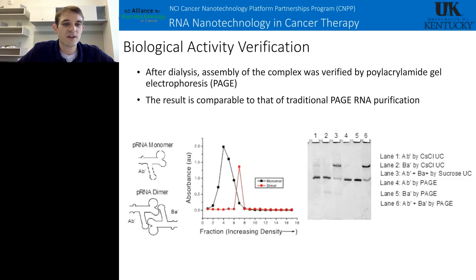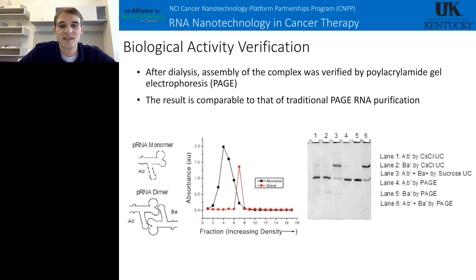What you see on the very left is the difference in structure between a pRNA monomer and a pRNA dimer, and then in the middle is a plot of the absorbance of the fractions from a rate-zonal gradient purification of, in black, the monomer, and in red, the dimer. So you can see, like I said earlier, our particles form with very high efficiency, and they are very distinct in size. So it enables us to get our particles out in a very low number of fractions.